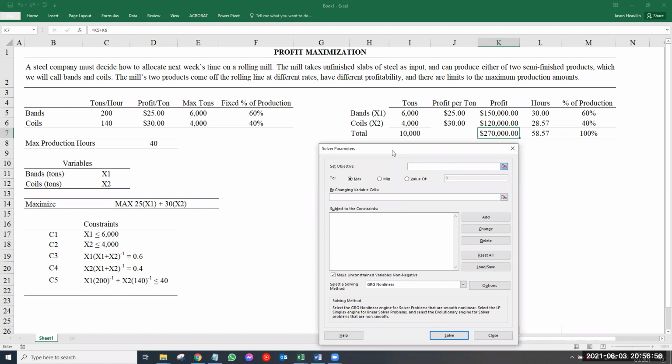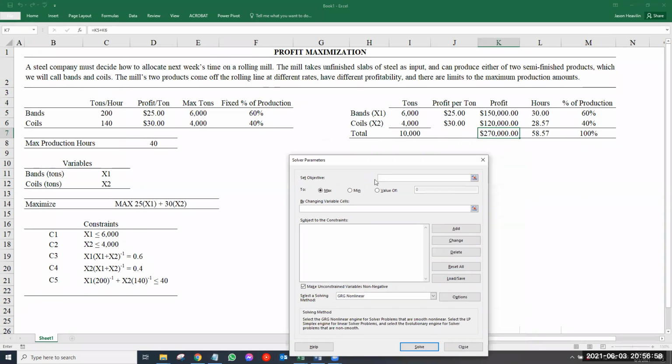All right, so the objective is my profit, and I want to maximize it. You can always do a minimum cost approach for different exercises, or you can say exactly a certain number that you must reach. In this case, we want to maximize the profit. So that is our objective.